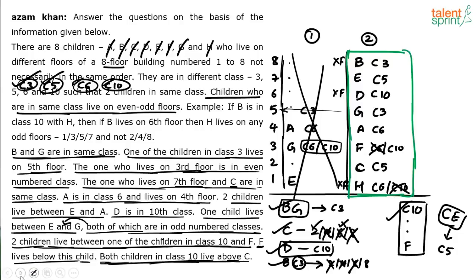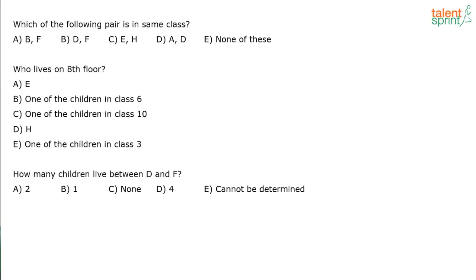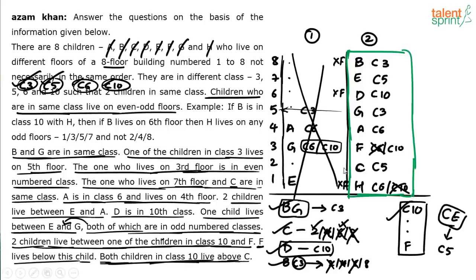There were 5 questions along with this. Let's look at the questions as well. Which of the following pair is in the same class? BF, DF, EH. Just check. BG is in same class. EC is in same class. H and A are in the same class, they are class 6.